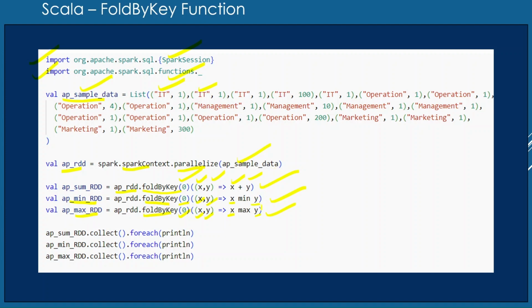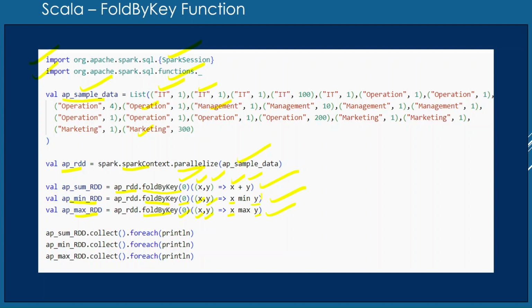All three aggregations will happen for each key. The sum will be based on the total for every key. Here we can see the keys IT, operation, marketing and management. So the sum will happen in each key.